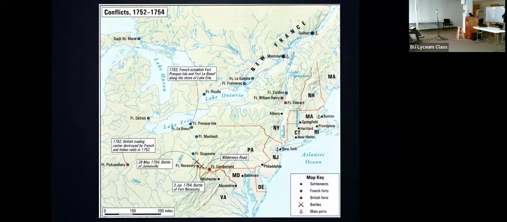So Washington figures, we're going to go out and we're going to confront these guys. He hasn't really settled in his own mind just what's going to happen. But he goes out in the night in order to arrive at the French encampment early in the morning.